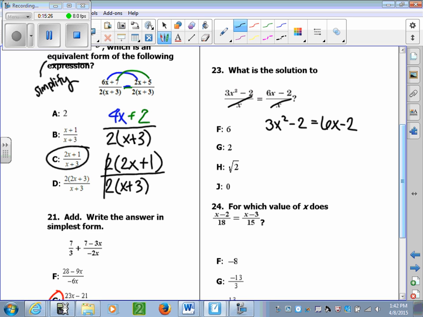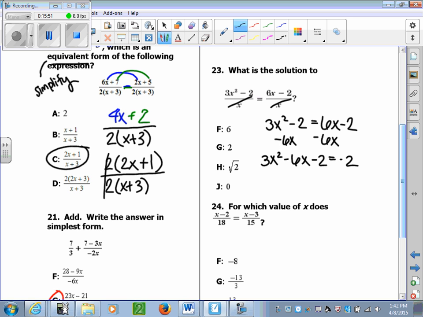So I'm just going to combine my like terms. Let's just move everything to one side to get started. So we have minus 6x, minus 6x. There's no like term on the left, so I'm just going to write it in there. 3x squared minus 6x minus 2 equals a negative 2.